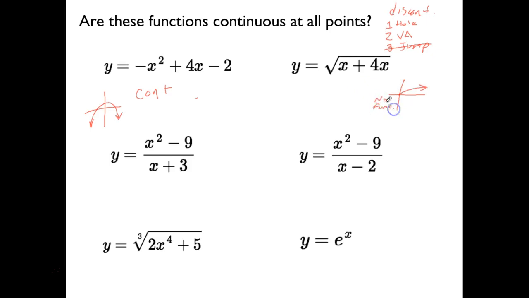So since there's no function over here, there's no x values, you can't say it's continuous for all points because it doesn't have all points. So here we're going to say not continuous. And if you want to write a reason, we can just say because there are no negative x values.